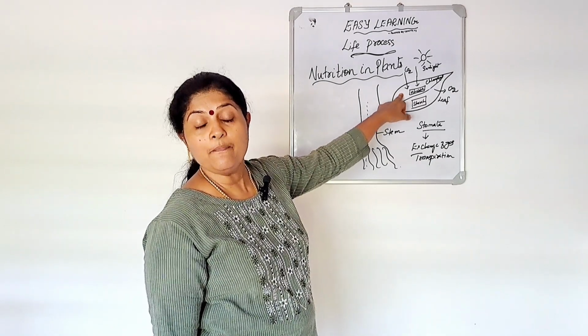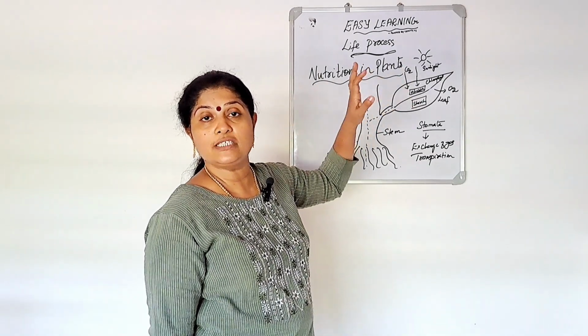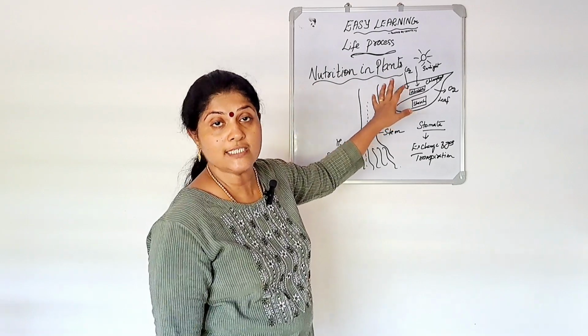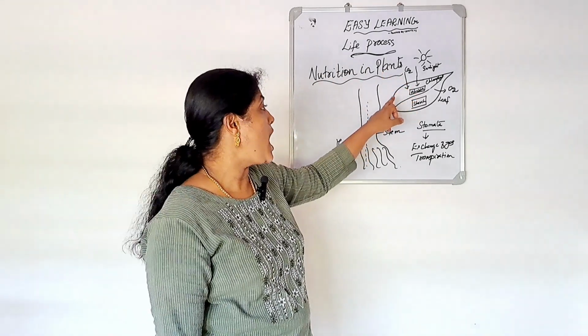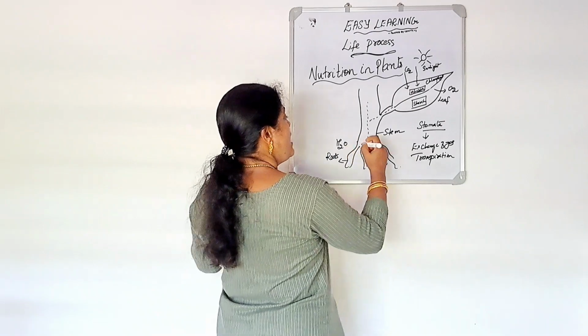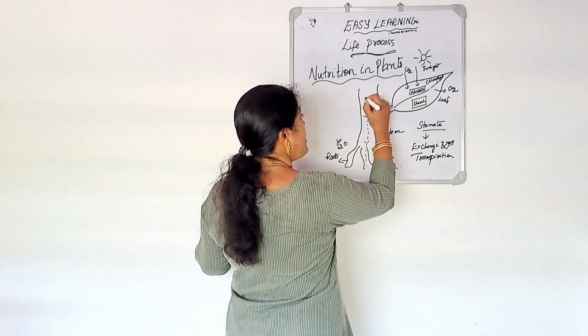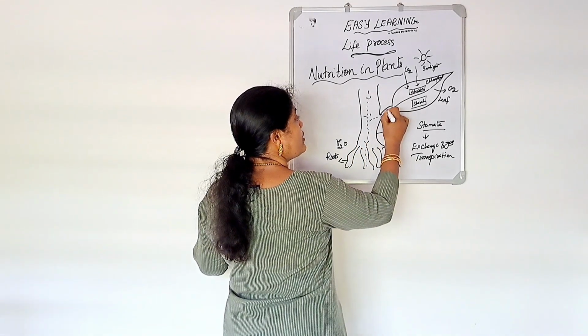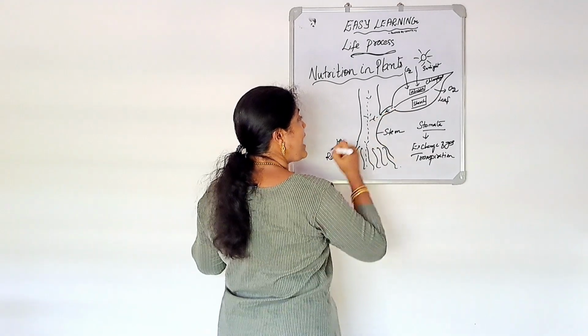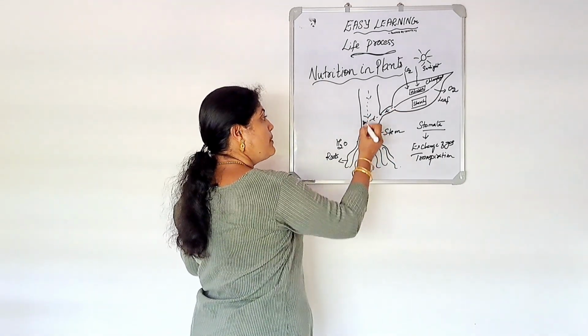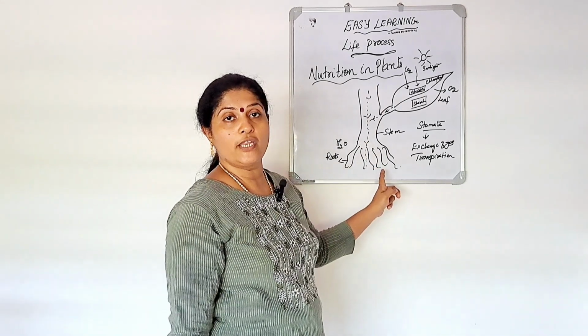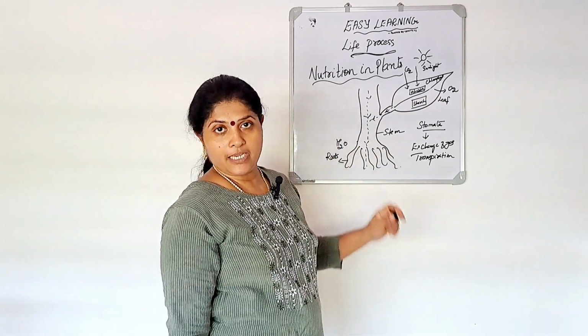That simple sugar obtained by the process of photosynthesis will be passed to each and every part of the plant for its metabolic activities.